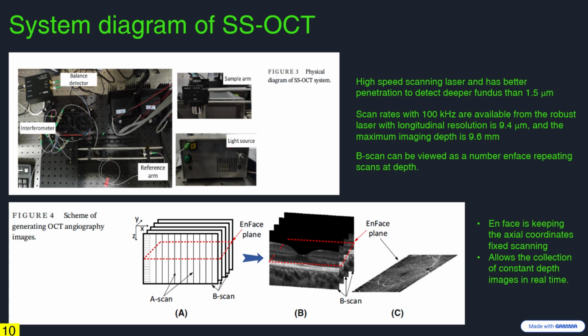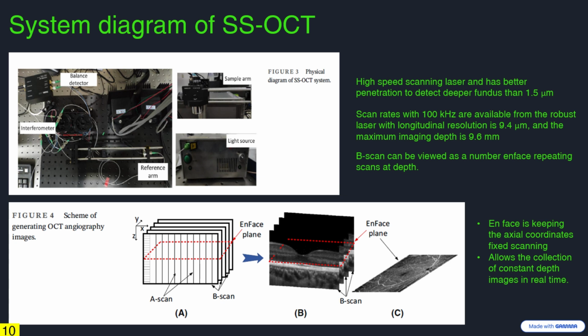They use a high-speed scanning laser, with penetration to the fundus at around 1.5 micrometer, and the scan rate is around 100 kilohertz, with a robust laser, an axial resolution of 9.4 micrometer, and a maximum imaging depth of up to 9.6 millimeter.